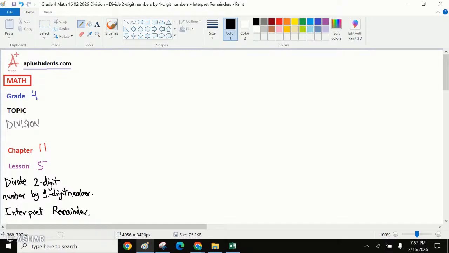Okay, something will be left, they would not be perfectly divisible. So let's go to the grade 4 chapter 11 lesson number 5.